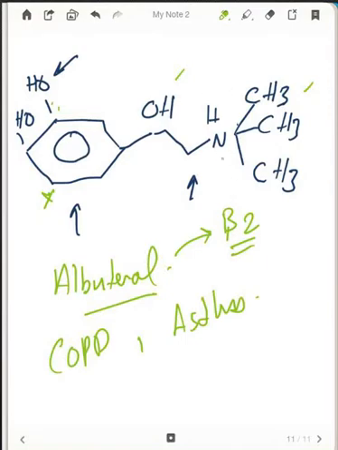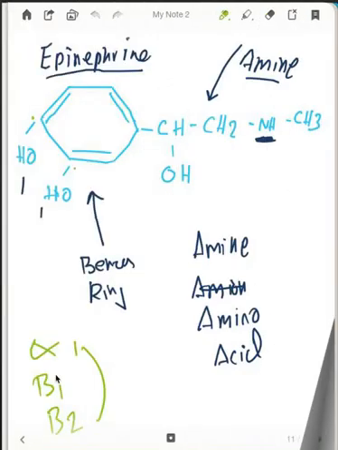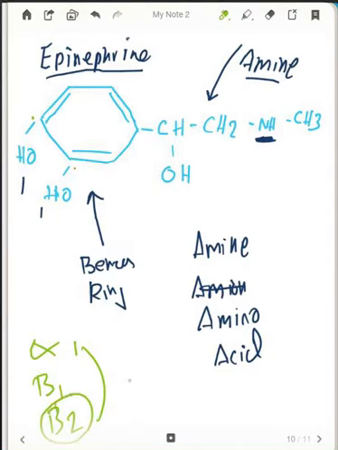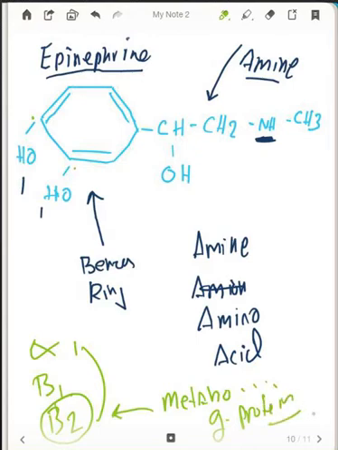So that was just kind of an overview of the sympathetic receptors. The one that I like to focus on is beta 2, just because a lot of medications that we administer affect beta 2 receptors. The beta 2 receptor, I should say, is a metabotropic receptor, and specifically a G protein coupled response occurs.